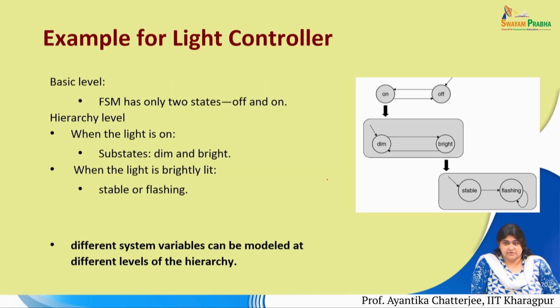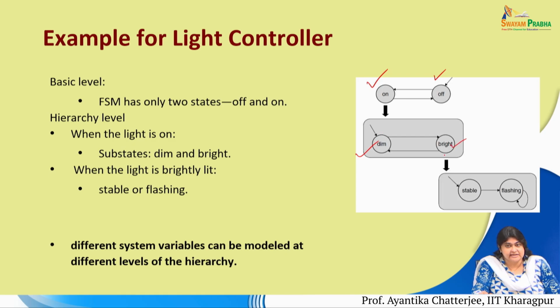Let us take what we have discussed with an example, so that we understand better where the challenge is in our verification or validation. Here we have taken one simple example of a light controller. This light controller has 2 states, on and off. The off state is simpler, but the on state can again have 2 substates, dim and bright.